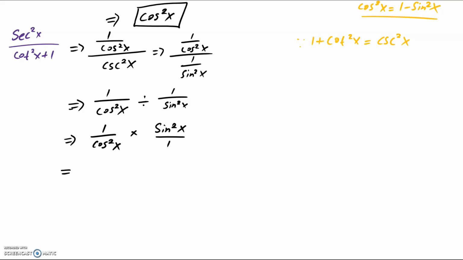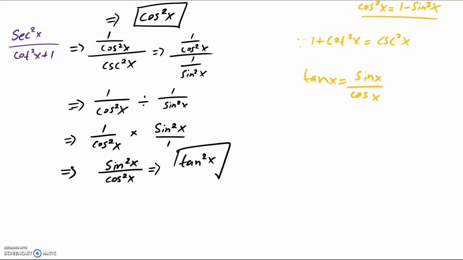And when you simplify, this will become sine squared x over cos squared x, and we know the identity that tan x equals sine x over cos x. By using this identity, the given expression will become tan squared x, and this is the simplified form of this question.